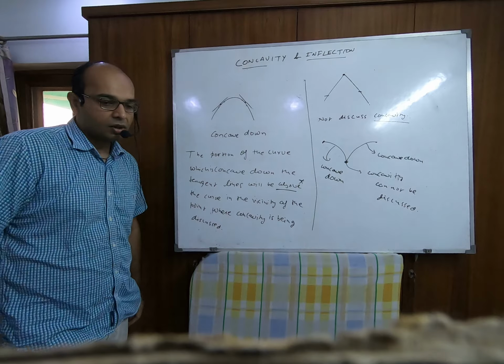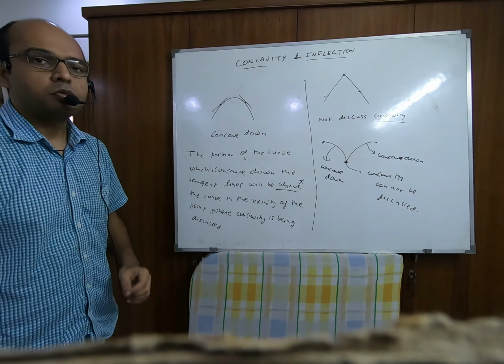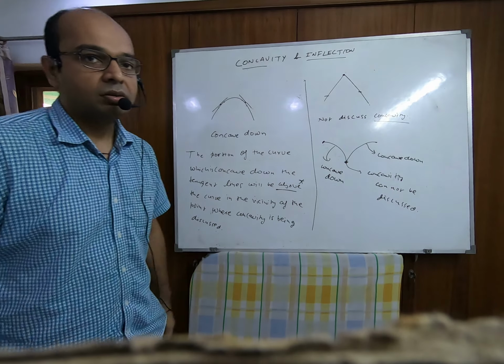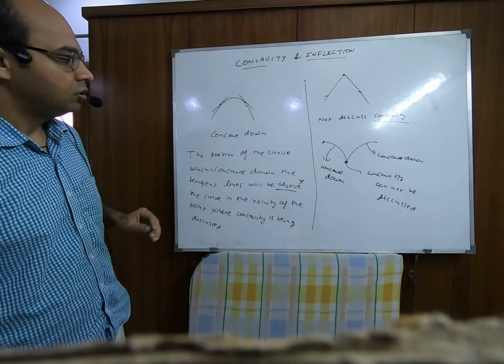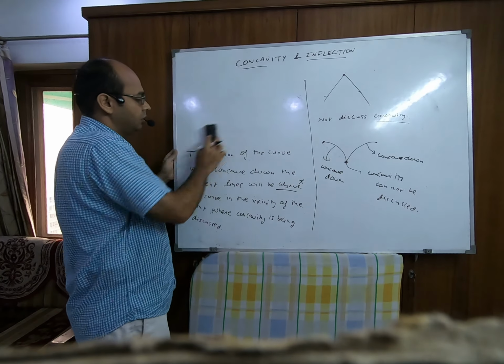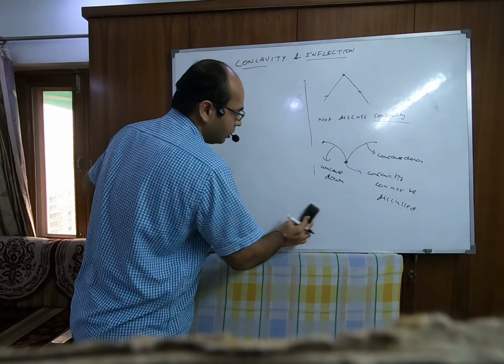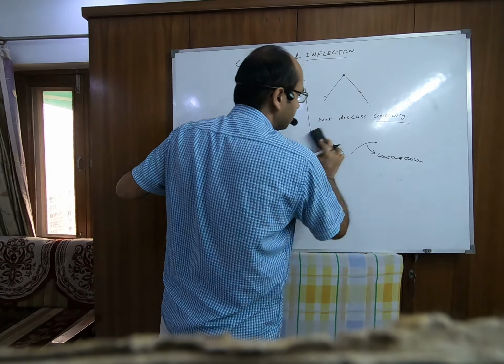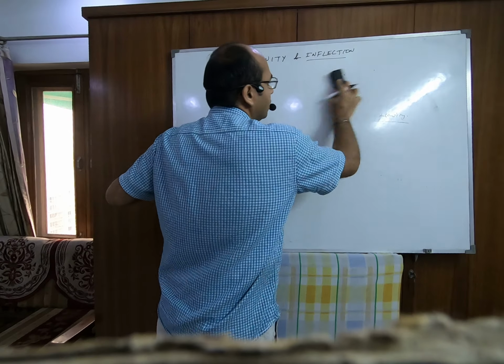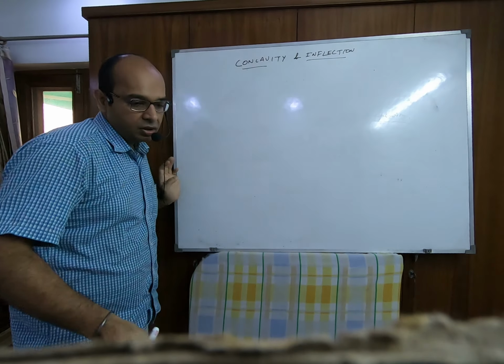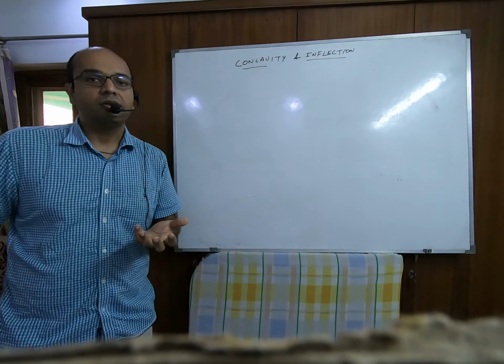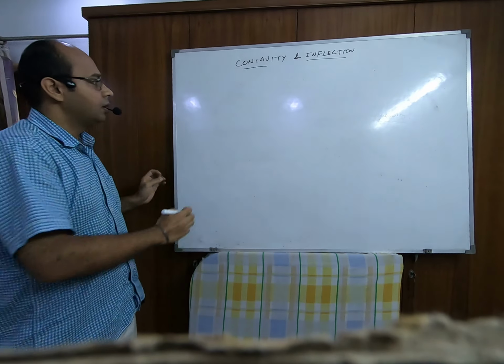Right? So only on those points where a tangent can exist, concavity will be discussed. So this is the basic of concavity. Now if a tangent exists, this means either there will be a vertical tangent or the function will be differentiable.